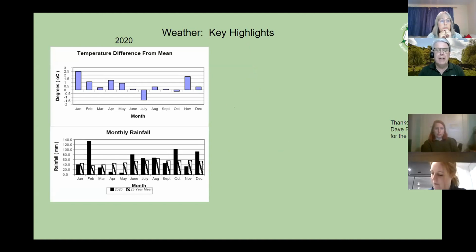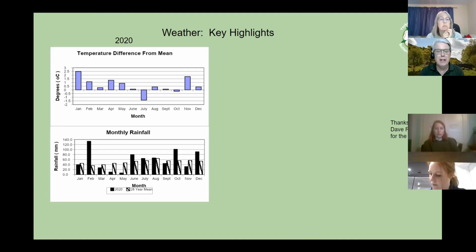As I said, with any insect, the weather is always a key to what happens to our species. And these charts just give you a quick overview. We're not going to linger too long on this. A quick overview of the last couple of years, because what happened last year has a big influence on this year.